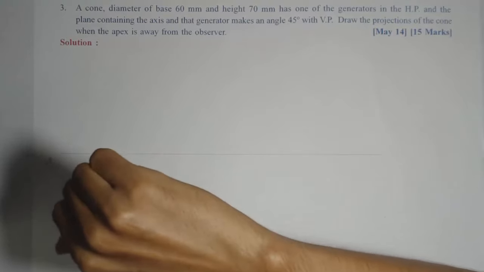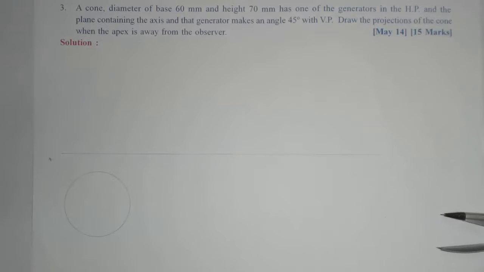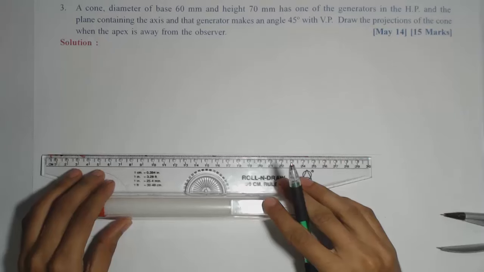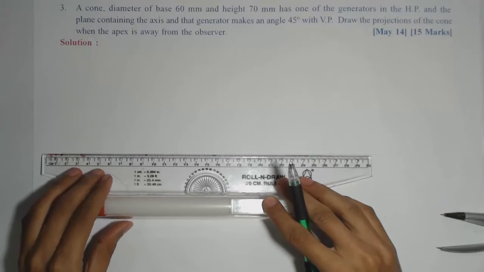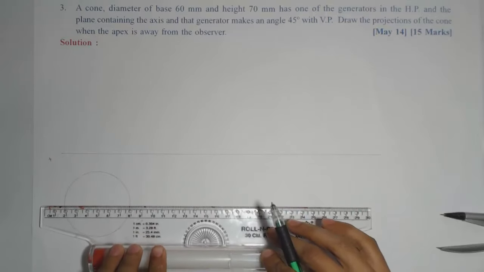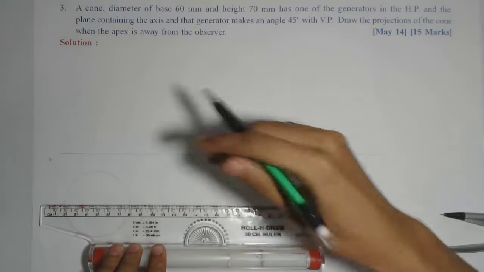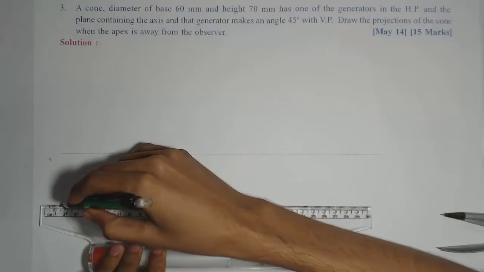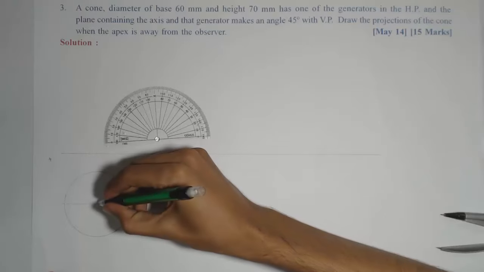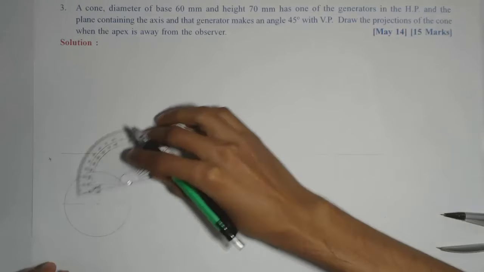Okay. Now the next step is to divide the circle into 8 parts to get imaginary generators. So first marking the horizontal diameter, then dividing the circle with respect to this. Center is here.